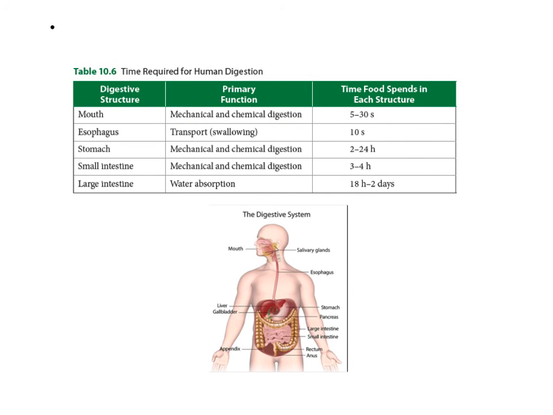Now, I think specialists will tell you that it's better to chew your food thoroughly before you swallow it, before you take that bolus down, because it can prevent choking. It's also just healthy because it slows down the whole process and allows your stomach to have the time to register fullness, right? So if you eat really quickly, you might eat more than you need to feel full. So 5 to 30 seconds.